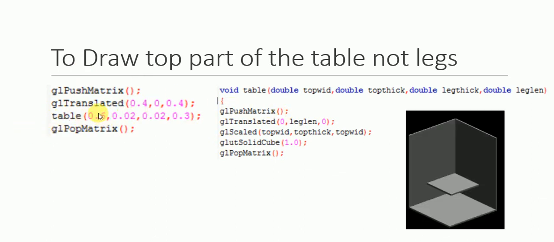This function is called, and it is also a solid cube, and the solid cube is scaled with this information that is passed in the table, and it is translated from here to this position. So this cube is translated to this position with this scaled size. The push and pop matrix are shown here. So again this part is done.